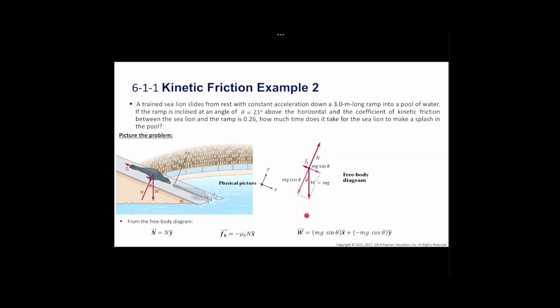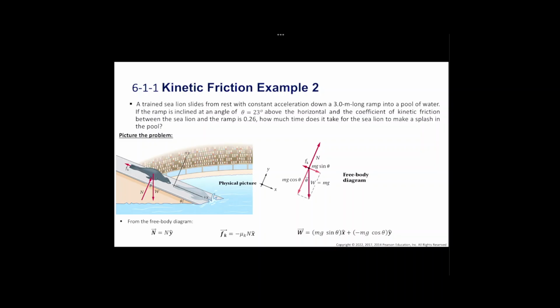And then the weight is always in the downward direction, and if we find the x and y components, we can write W in terms of x and y components. The x component is mg sin theta, in the positive x direction. The y component is mg cos theta, but in the negative y direction.